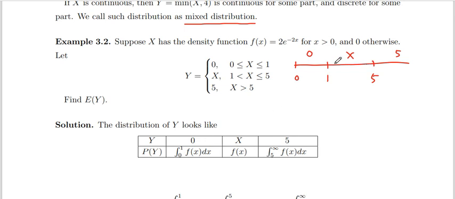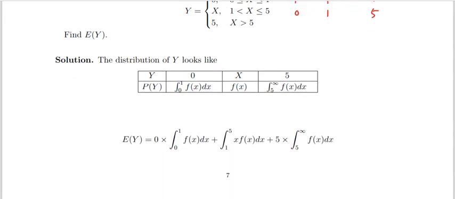In the middle part, y can change, y equals x, so the density function is fx. When x is larger than 5, y equals 5, so the probability is x larger than 5, right? So we can find those probabilities and have such a distribution.